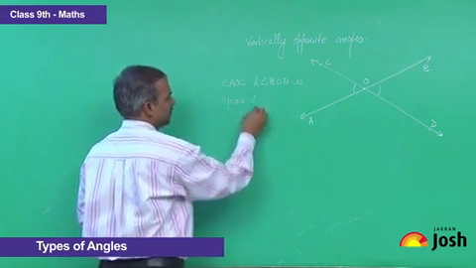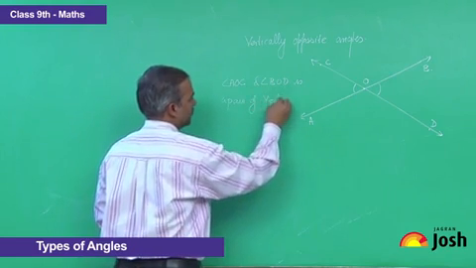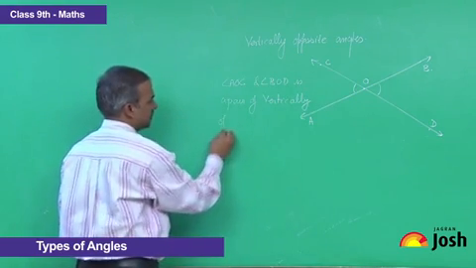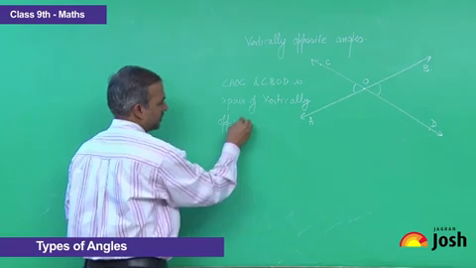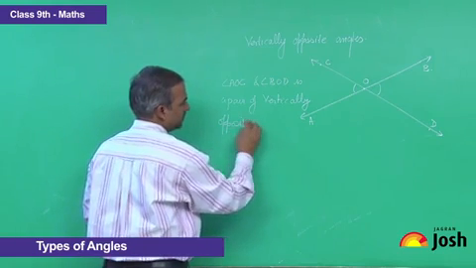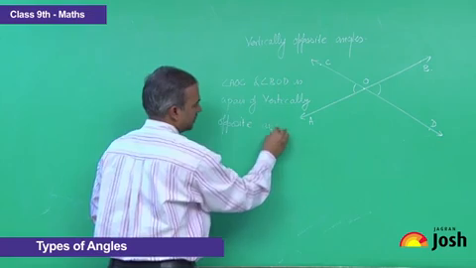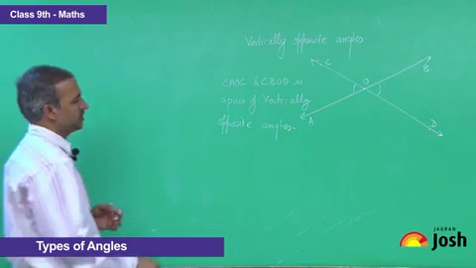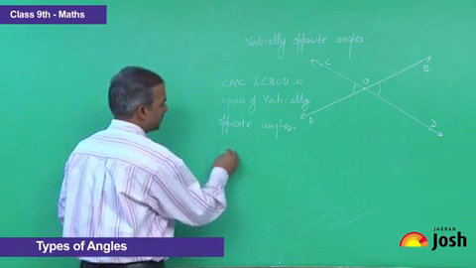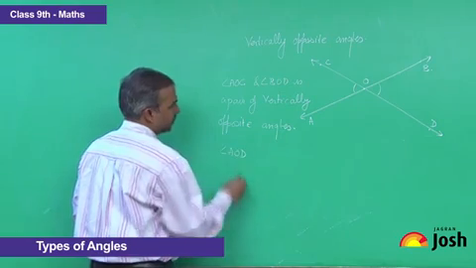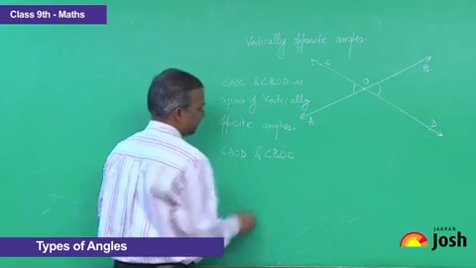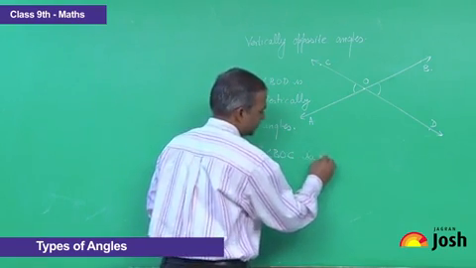angle AOC and angle BOD is a pair of vertically opposite angles. Similarly, the other pair of vertically opposite angles is AOD and angle BOC.